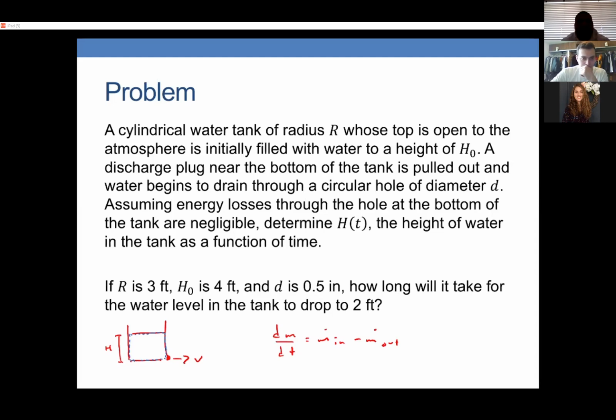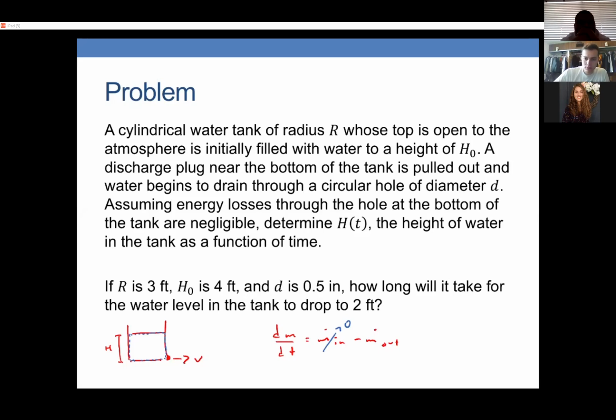Connor says m dot in is 0. That's what I was fishing for, though what you said is also right. That's what we're going to do next. m dot in is 0. There's no water flowing in. You could have a situation where there's water flowing in and out at the same time.